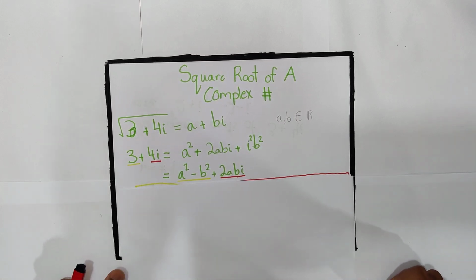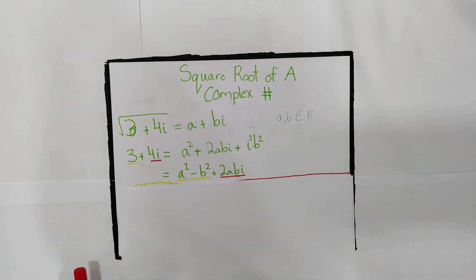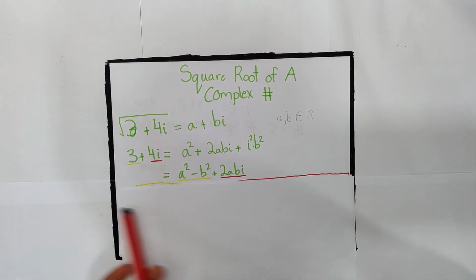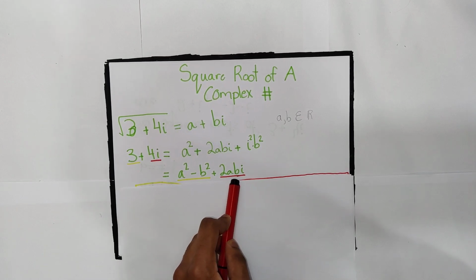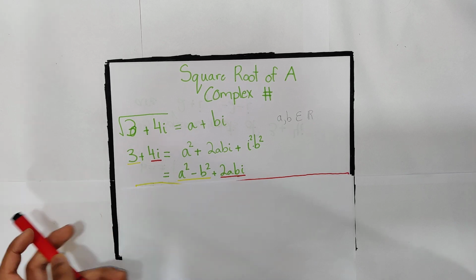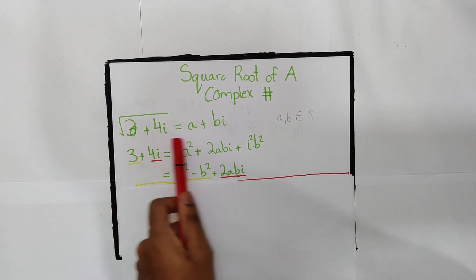Now, in complex numbers, whenever you have an equation like this, whatever is complex on this side is equal to whatever is complex on this side, and whatever is real on this side is equal to what is real on this side.